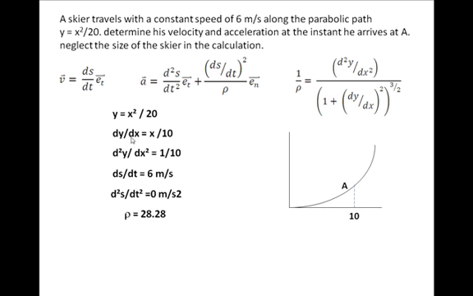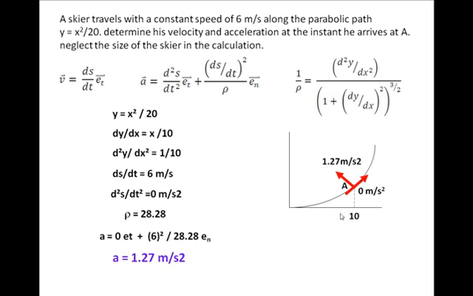That is, dy by dx and d square y by dx square you put here, and wherever x comes, you put it as 10 because at A, x value is 10. So you'll get your rho. Once you have rho, put it in this formula to get your acceleration. That is what is asked. And we can show it here. See, tangential is 0 and normal is 1.27.